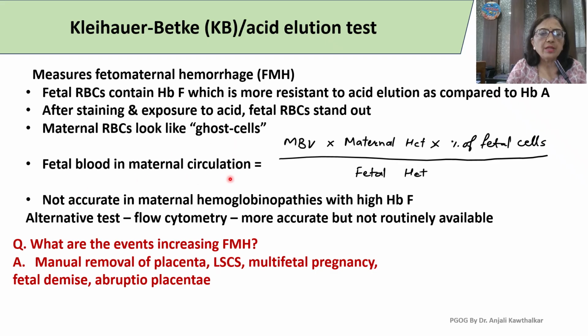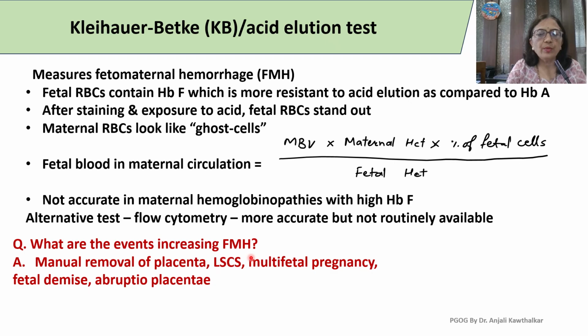Fetal blood in maternal circulation is calculated by a formula: maternal blood volume multiplied by maternal hematocrit multiplied by percentage of fetal cells in a given slide, divided by fetal hematocrit. Now, this Kleihauer-Betke test is not accurate in maternal hemoglobinopathies associated with high hemoglobin F. The alternative test is flow cytometry, which is more accurate but not routinely available at present in many hospitals.